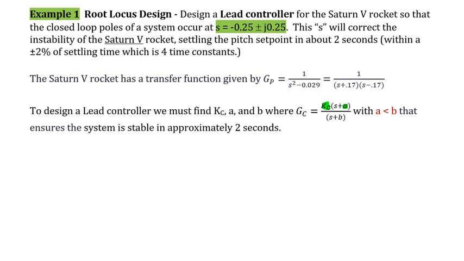One is the value of A, which is a zero for the controller. And the final one is the letter B, which is representative of a pole. One additional item is that for this to be a lead controller, the value of A has to be less than the value of B.